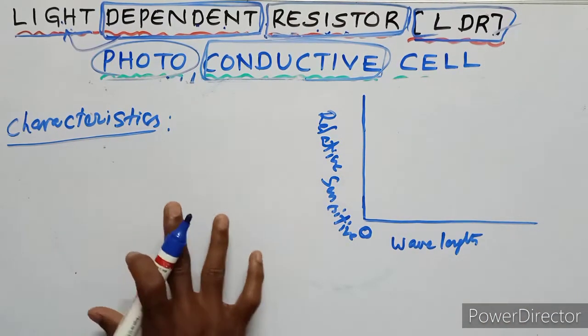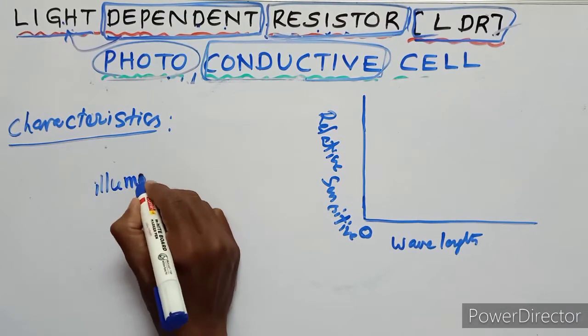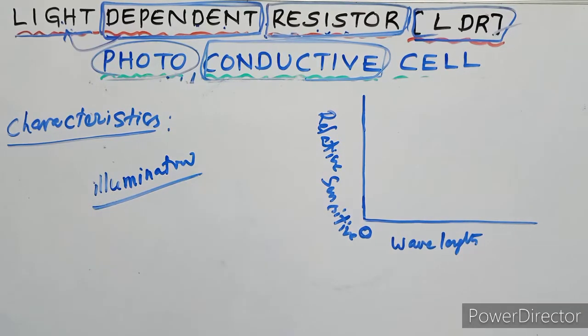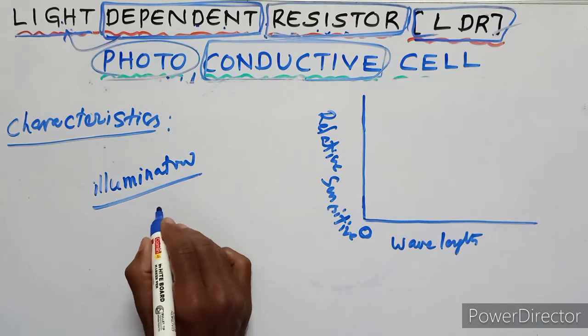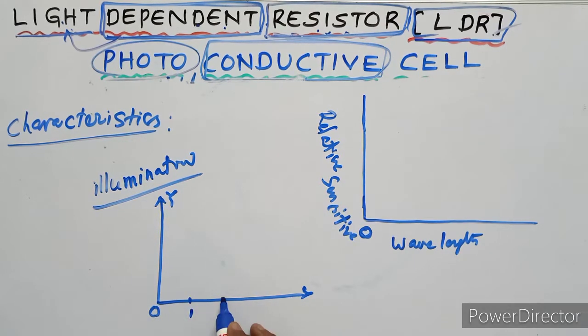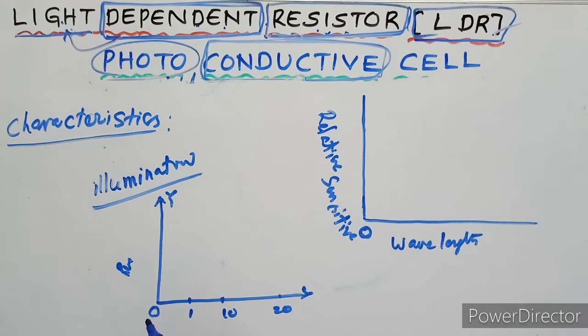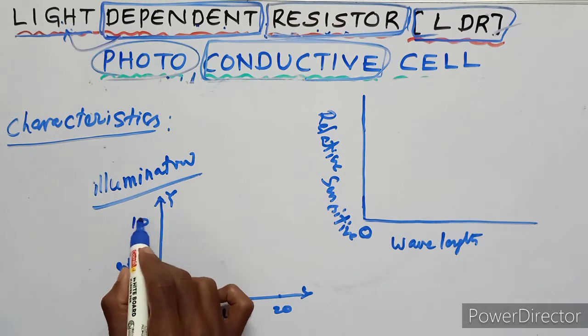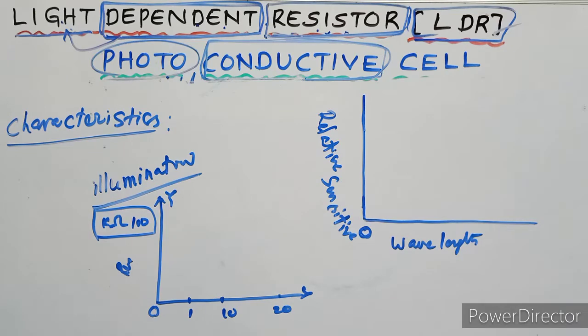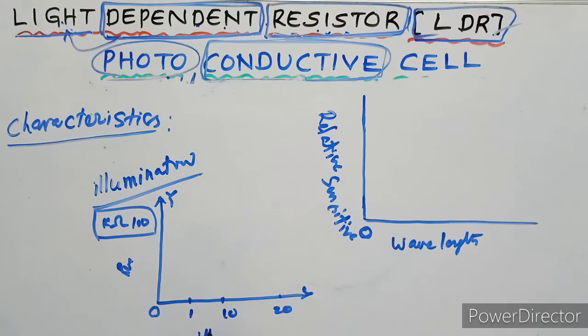Characteristics of LDR. Characteristics means a graph, the relation between illumination and resistance. Illumination means intensity of light, measured in lux. First of all, this is the origin, x and y directions.